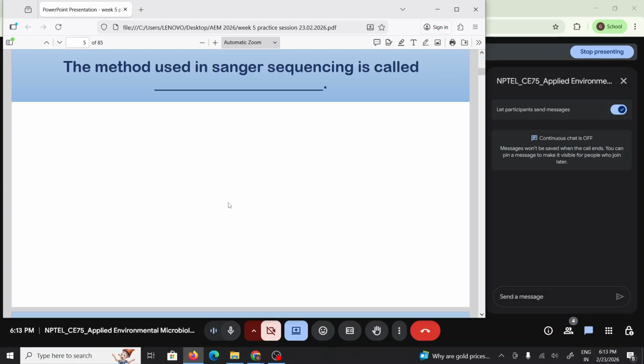In Sanger sequencing, we are going to see how a DNA strand is getting synthesized. That is what we monitor, and based on the components that we use in sequencing, we have a name for this method.